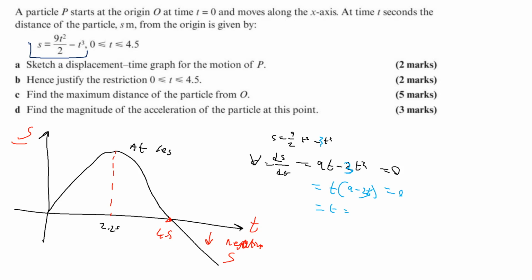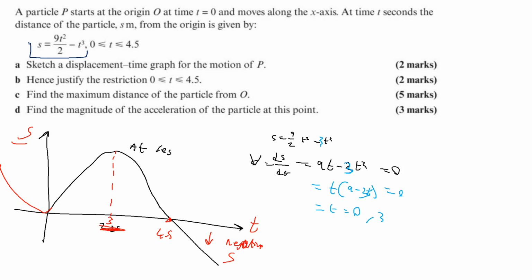Anyways, t should be equal to 0 or 3. Okay, maybe I was wrong about that. Of course I'm wrong about that, because this is a cubic, not a quadratic. We've already discussed this. Everyone makes mistakes.